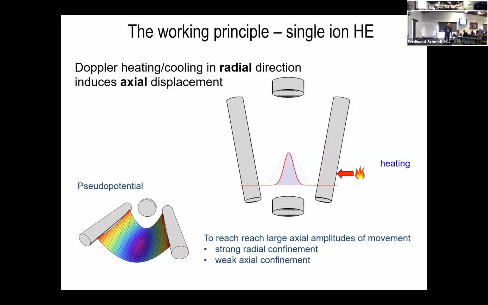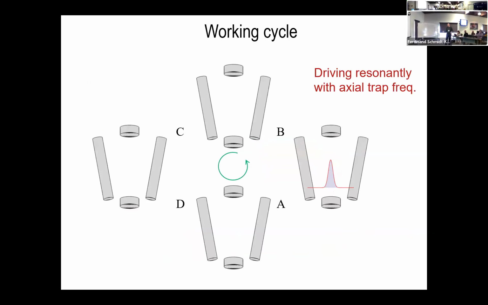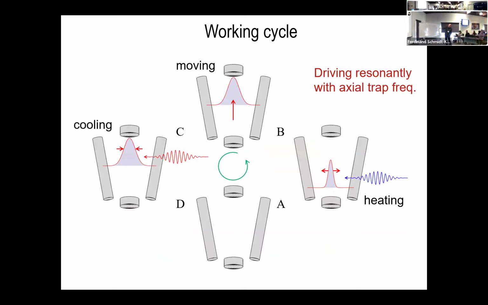Heat it, it moves, it becomes wider, and then it moves. And then we cool it, it goes back. So the wave packet does this circle here: heating, then moving, then cooling, then moving back. Okay, and so you have to do heating and cooling in a very fast sequence.